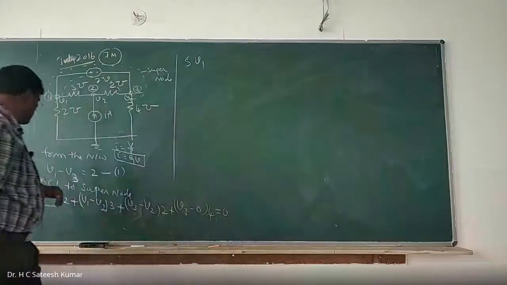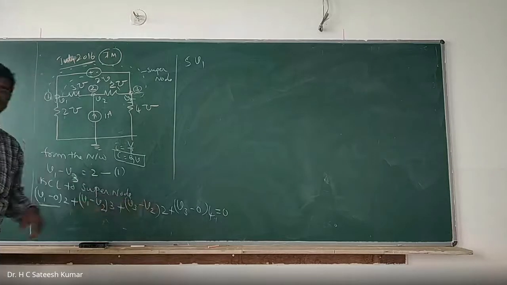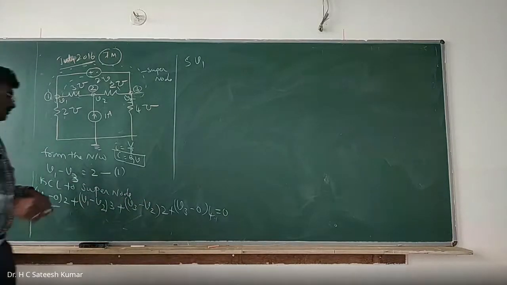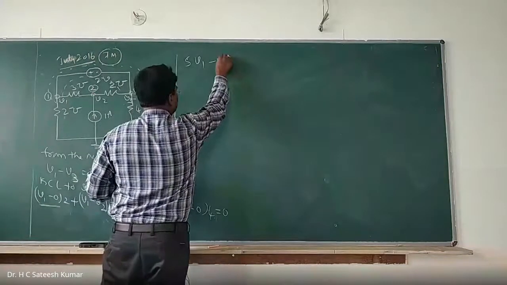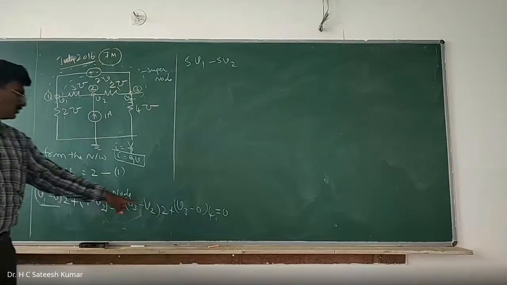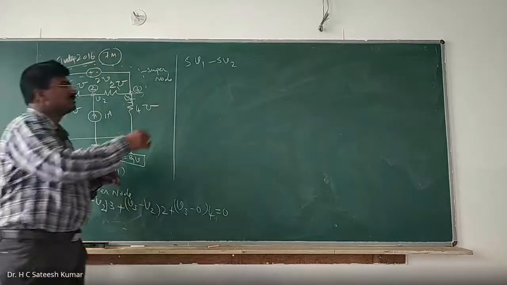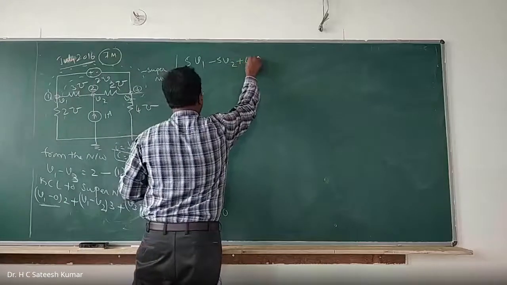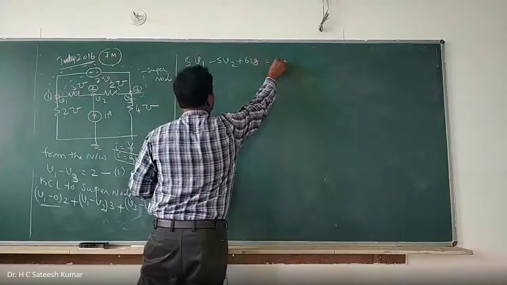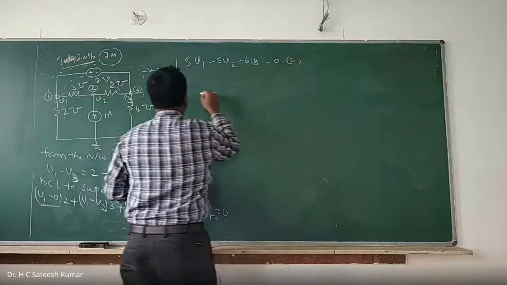V2: minus 3 minus 2, minus 5 V2. V3: 2 plus 4, 6 V3. 5 V1 minus 5 V2 plus 6 V3 is equal to 0. Call this equation number 2.